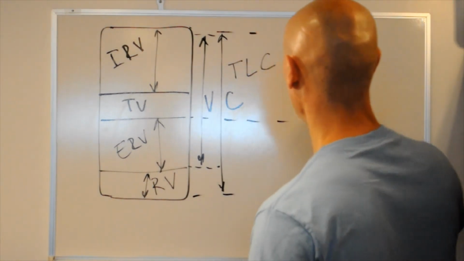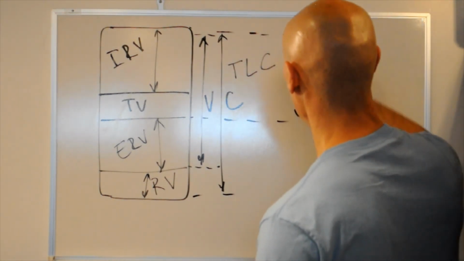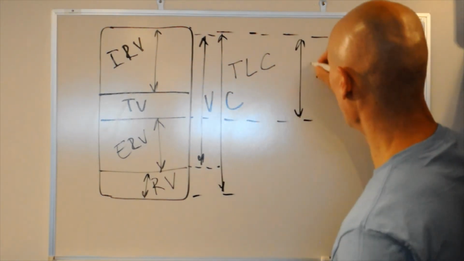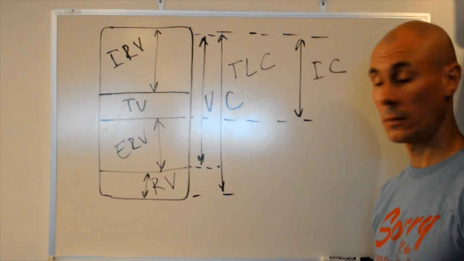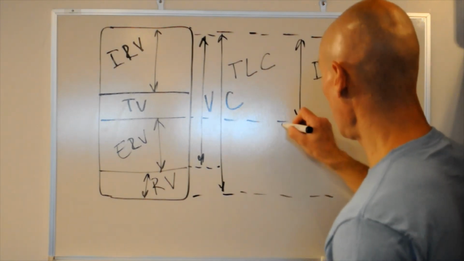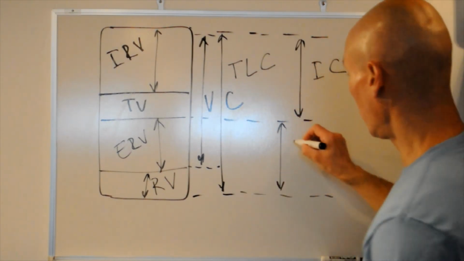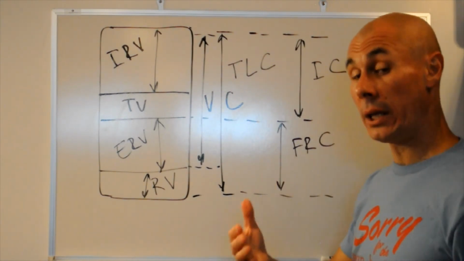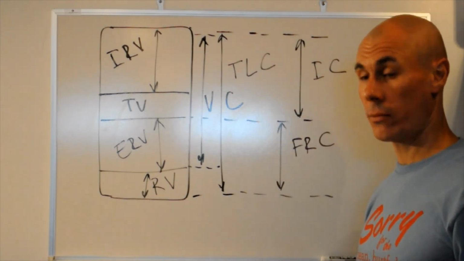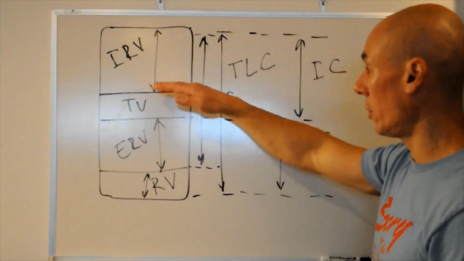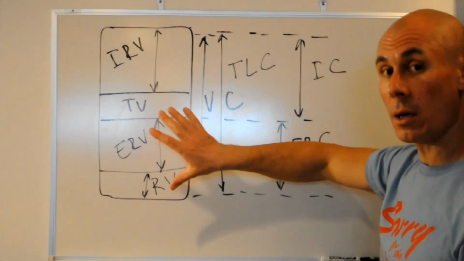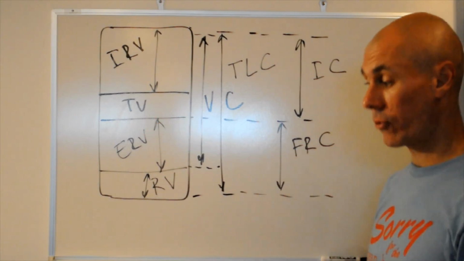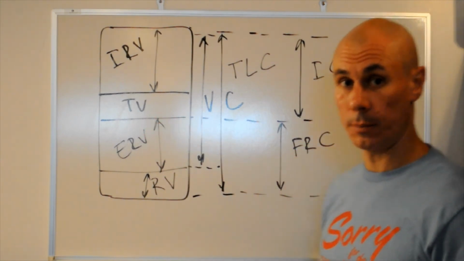Now this part, this tidal volume plus inspiratory reserve volume, is inspiratory capacity. And finally, this is called functional residual capacity. So if you suddenly stop breathing for some reason at the bottom of your exhalation, this is the amount of air that your lungs hold after you normally exhale.